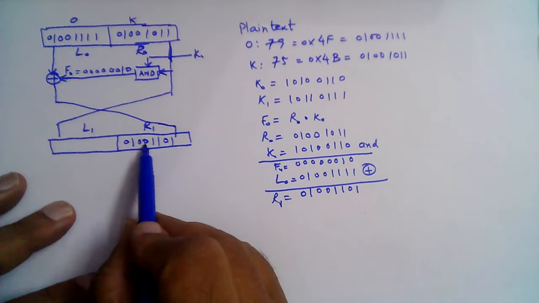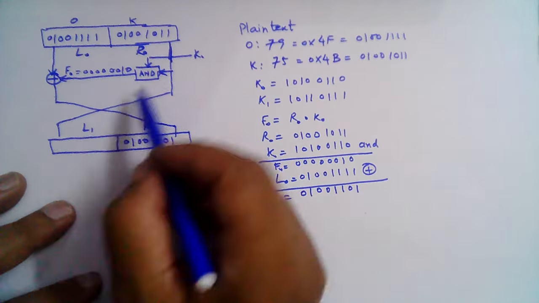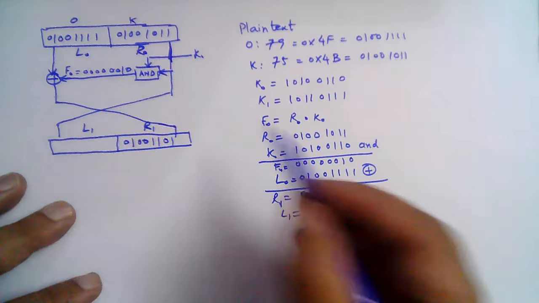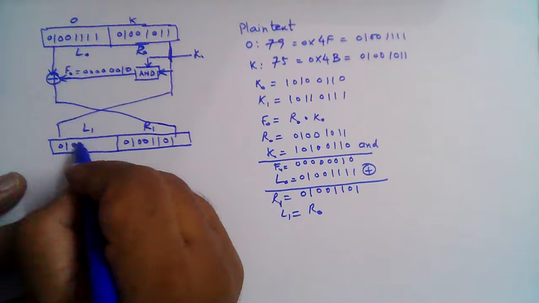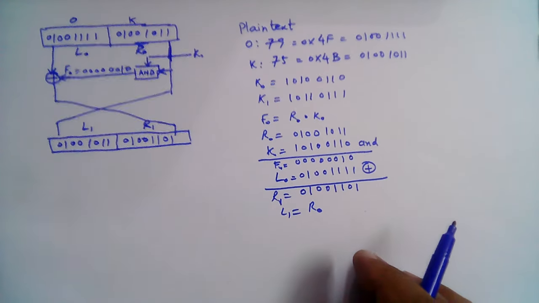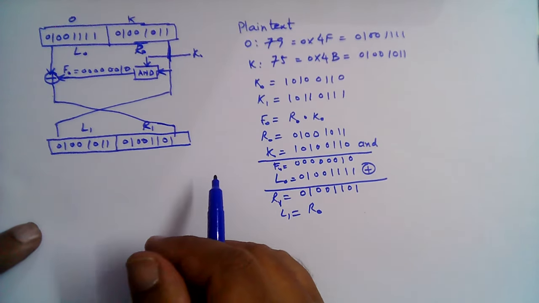And the left half, L1, is equal to R naught, so this is 0 1 0 0 1 0 1 1. So we have completed one round of the encryption process, right?